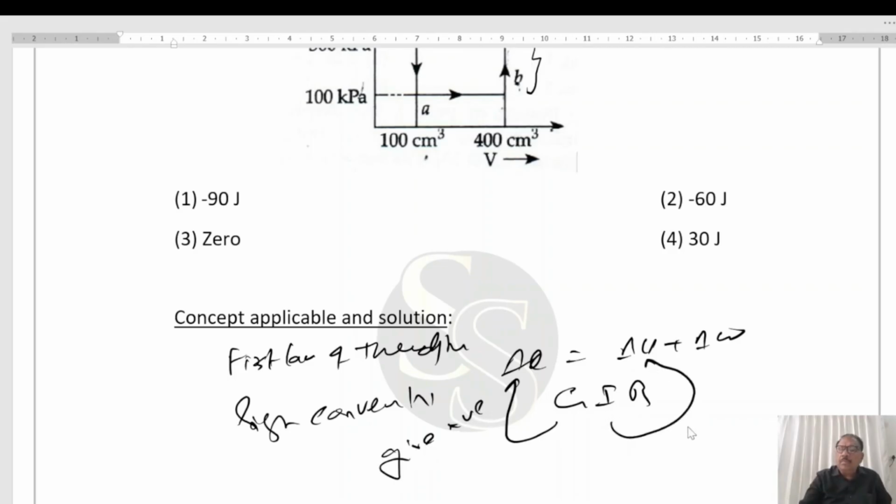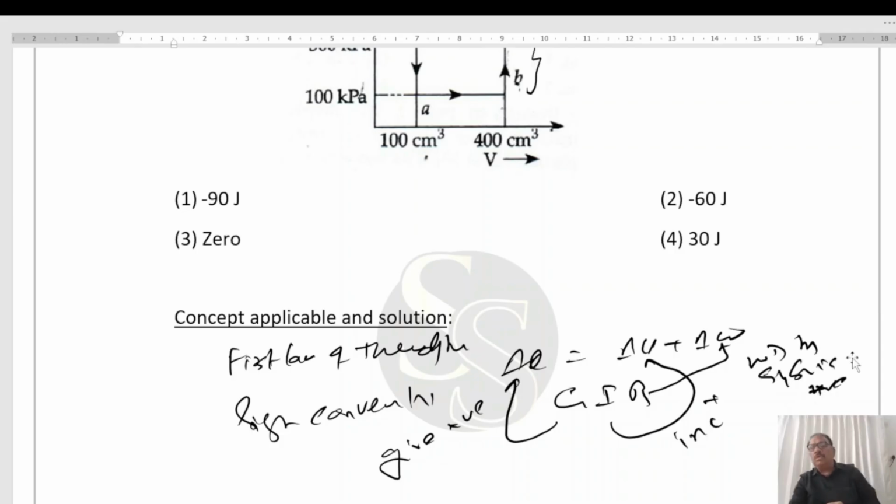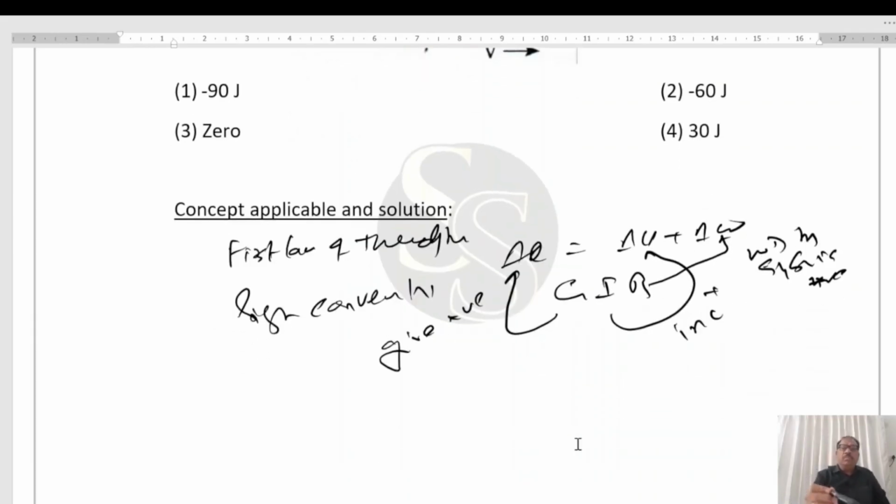Increase in internal energy is positive, decrease is negative. Work done by the system is positive and work done on the system is negative, right?